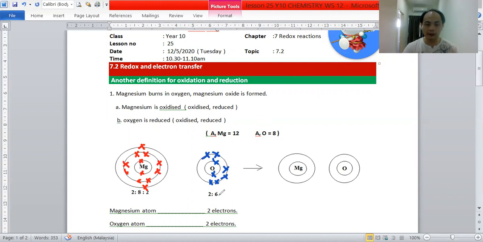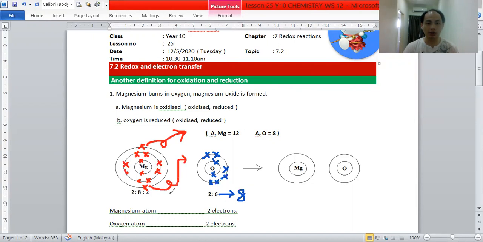The outer shell must have 8 electrons to be stable. And the outer shell of magnesium, 2, is not stable either. It needs to be 8 to be stable. So giving up 2 electrons is easier than receiving 6. Am I right? So magnesium will give out 2 electrons, and these 2 will be given to oxygen.